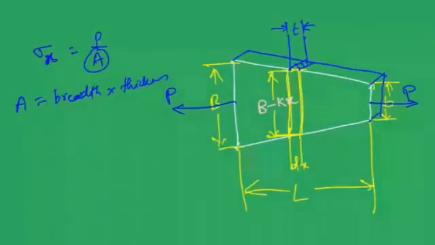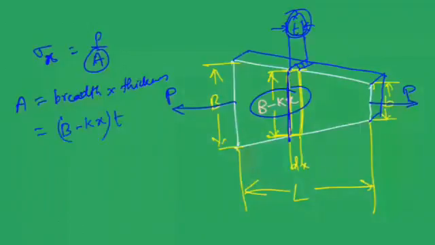Here you can see the breadth is b minus kx and the thickness is t. So sigma x will be equal to P divided by (b minus kx) into t.